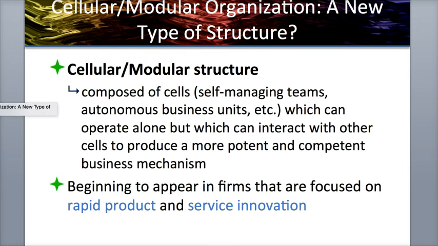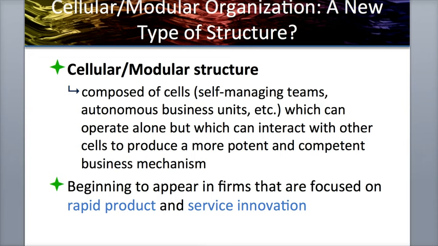So a cellular or modular structure is composed of particular cells or self-managed teams that are autonomous little business units that can operate alone or interact with other elements of the company. So this is, again, sort of like a network structure, but it's more cellular, like cell towers grouped in different areas to make complete coverage.